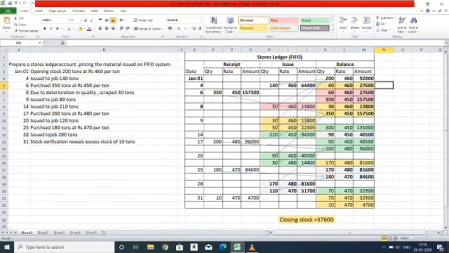Then on January 6, purchase of 350 tons at rupees 450 per ton. On January 6, in the receipt column, we record this 350. Its rate is 450 per ton. Then the amount comes to 1,57,500. Then in our balance, we have already 60 from our first lot.